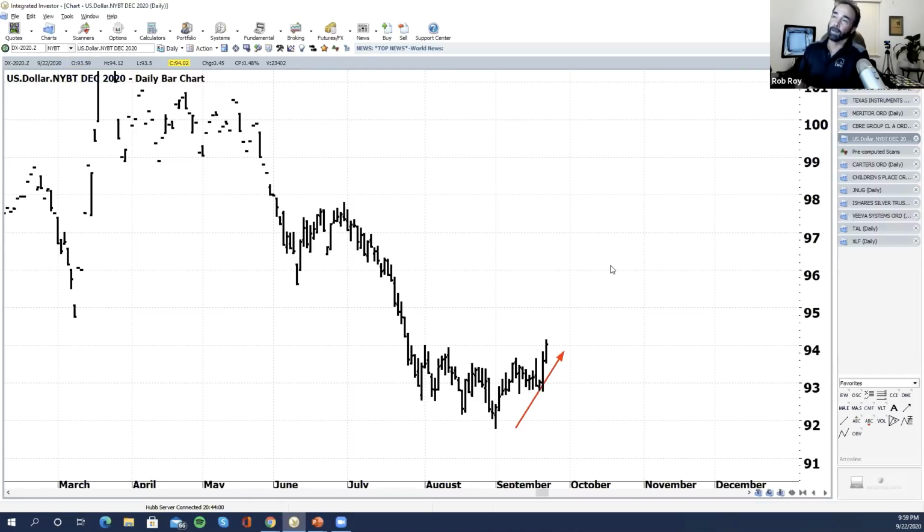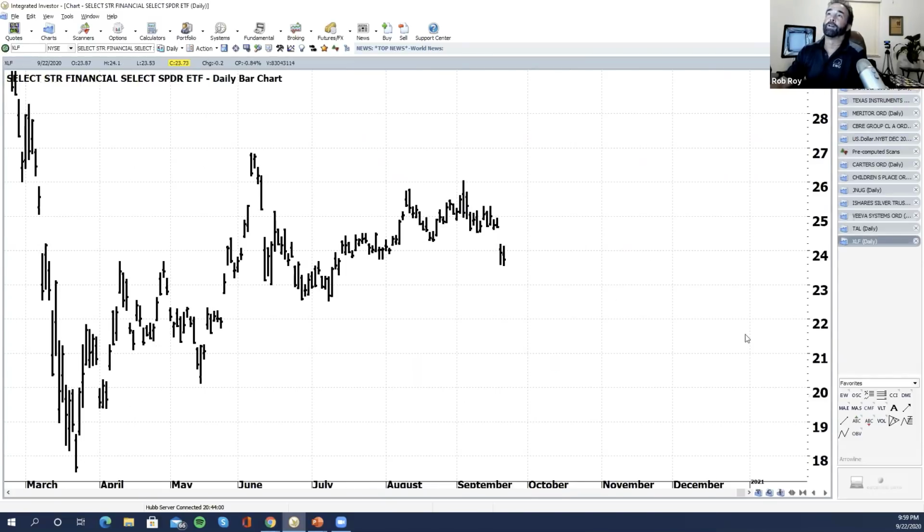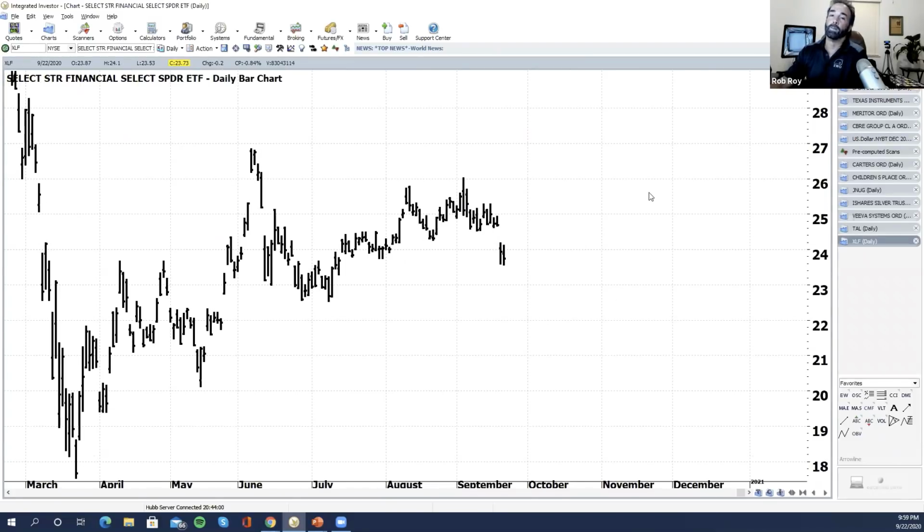Maybe they felt like, all right, well, maybe they aren't going to flood the market with as much liquidity as we once thought, and that's allowing the dollar to catch a little bit of a bid. I think that's pretty interesting, and so the financials are struggling with that a little bit.